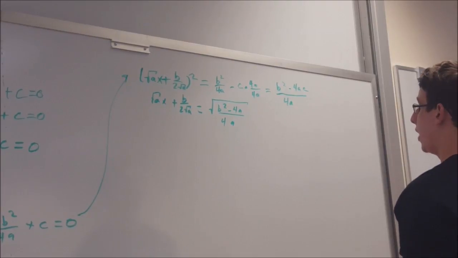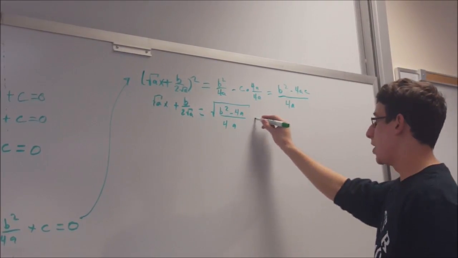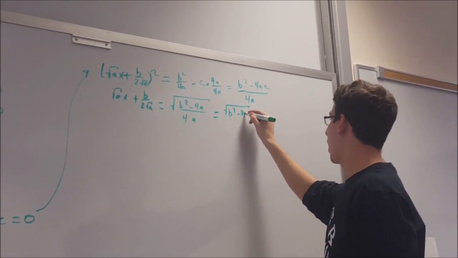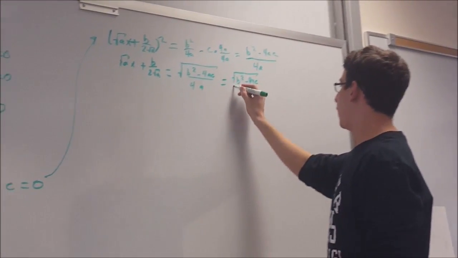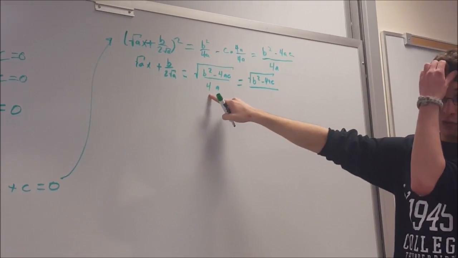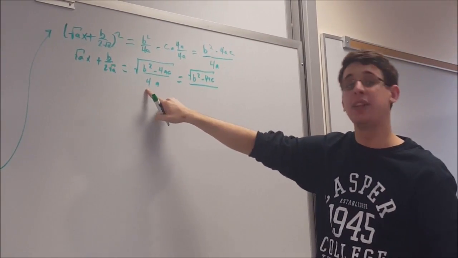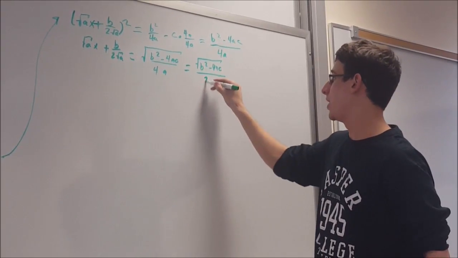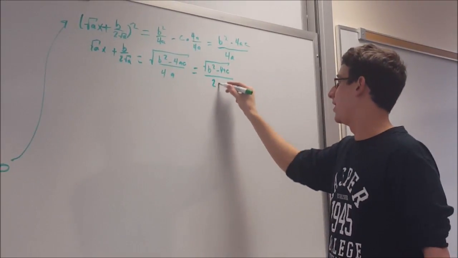That's going to be equal to the square root of b squared minus 4ac divided by, and now we're pulling this 4a out from under the radical, which means we need to take the square root of both of those terms. The square root of 4 is 2, and the square root of a is the square root of a.